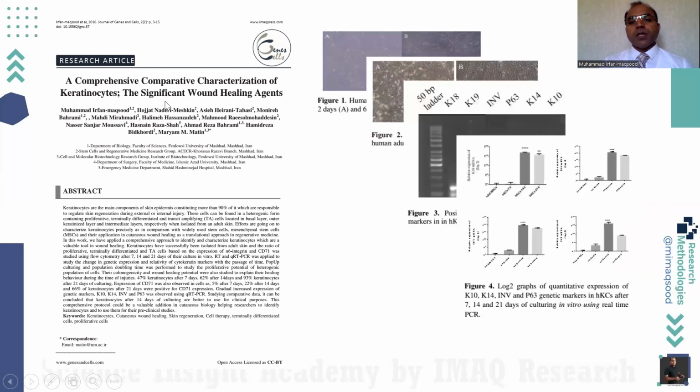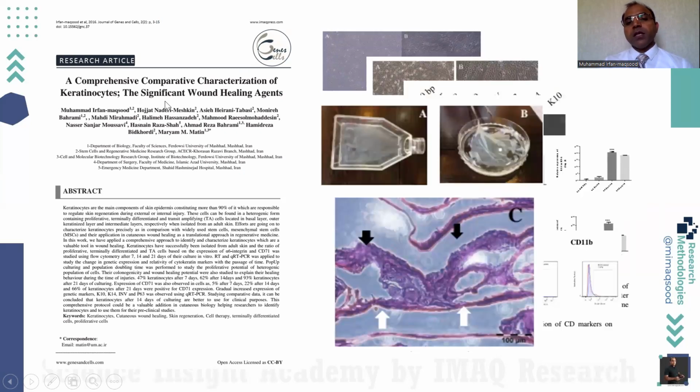I also published another research article entitled a comprehensive comparative characterization of the keratinocytes, the significant wound healing agents. Here, again, you can see a lot of lab work and analysis was done, where we developed artificial skins. It's not exactly artificial, it's in vitro developed skins in the lab using these cells, which were used for wound healing operations.